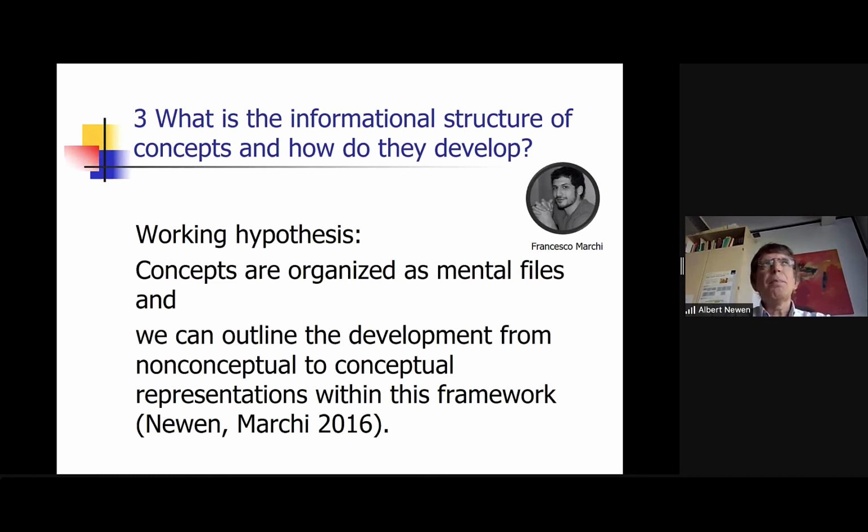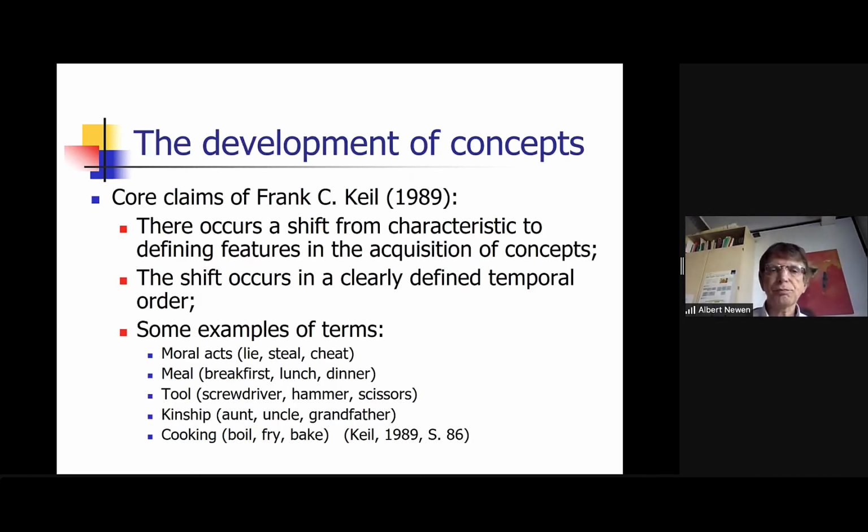Okay, the third part. If we have this background, now the question is, what is the informational structure of concepts and how do they develop? Here, the working hypothesis is that concepts are organized as mental files, and using that background, we can outline the development from non-conceptual to conceptual representations and also indicate how different types of concepts develop.